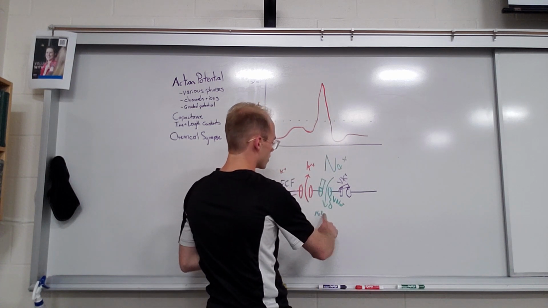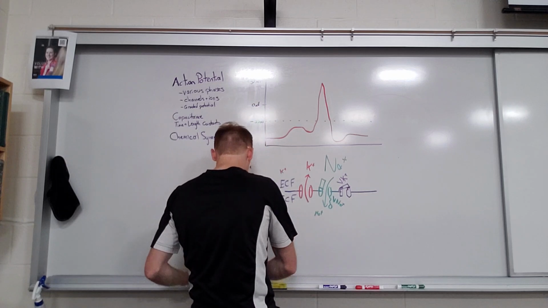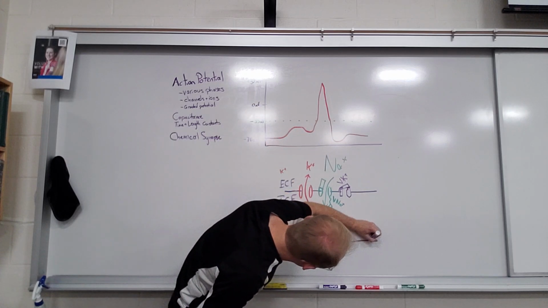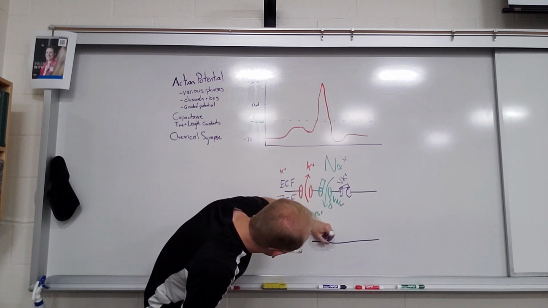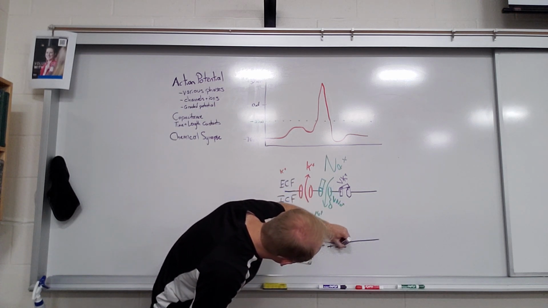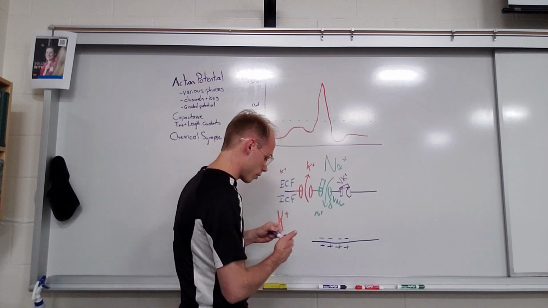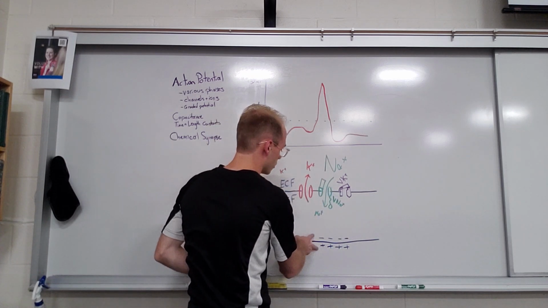And what this does to our voltage across the membrane, I'm going to drop down here for ease, it becomes very positive on the inside and negative on the outside.